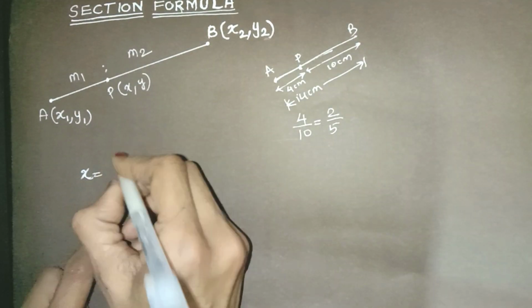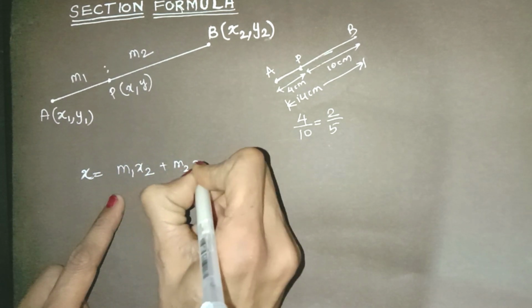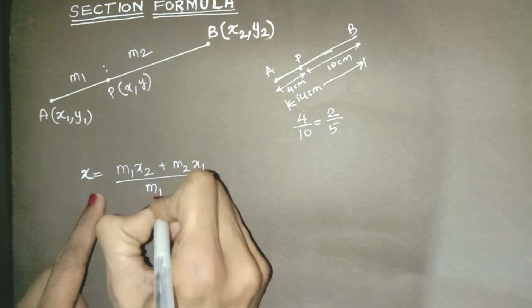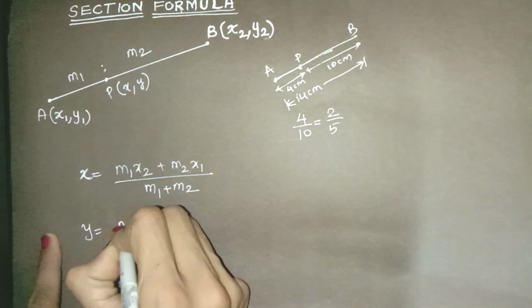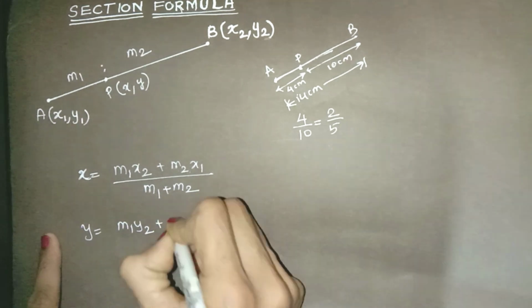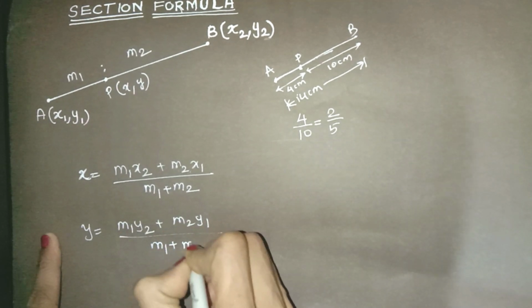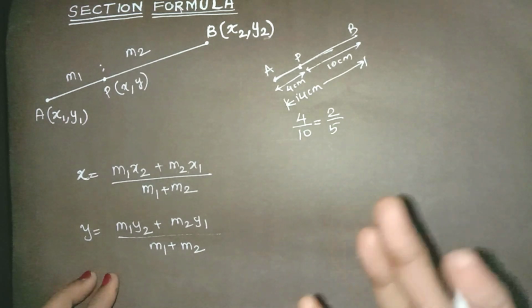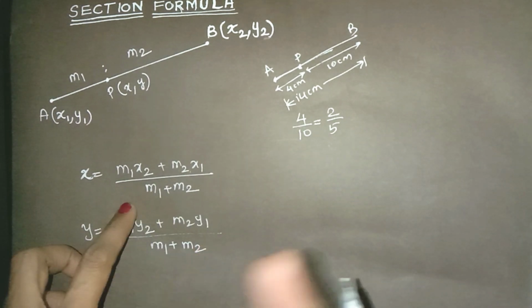The x coordinate is m1 x2 plus m2 x1 divided by m1 plus m2. Okay, and the y coordinate is m1 y2 plus m2 y1 divided by m1 plus m2. Now in the beginning you might find it very complicated, but really it's not if we understand how to remember it.